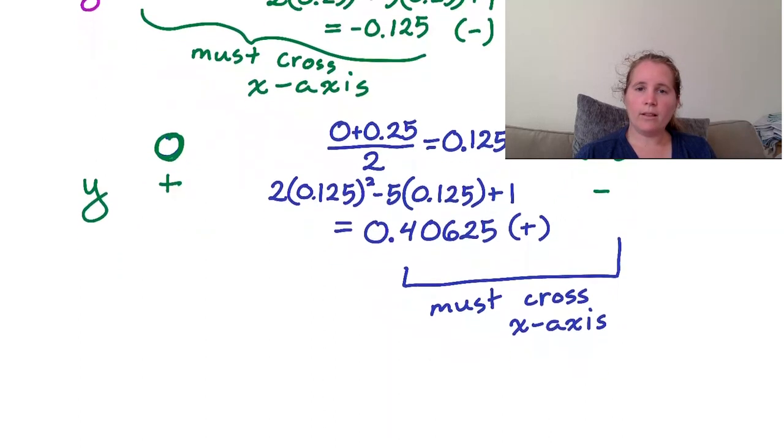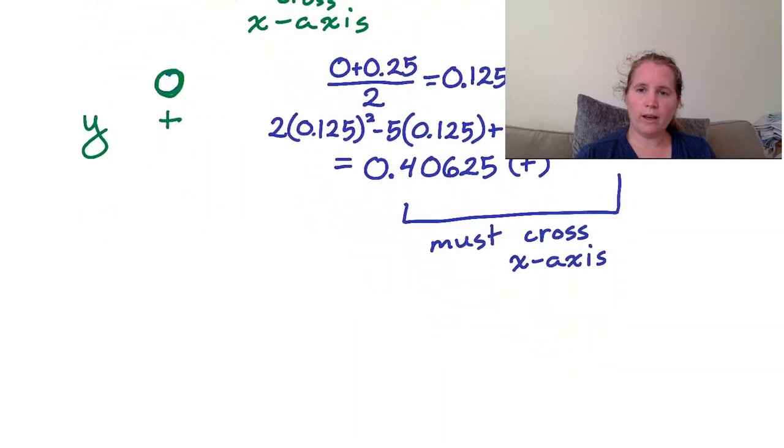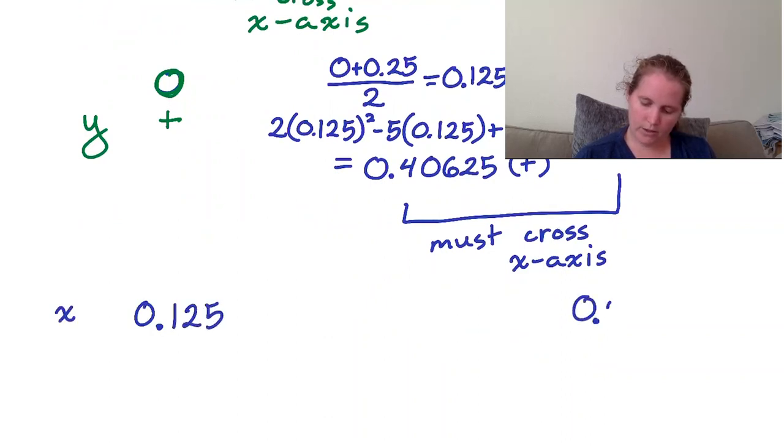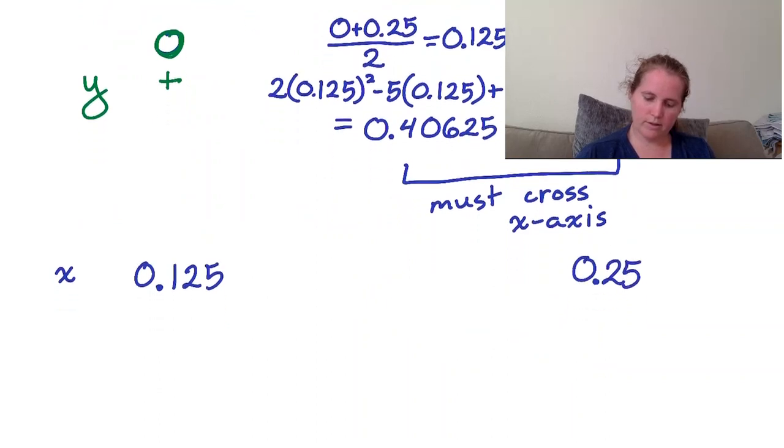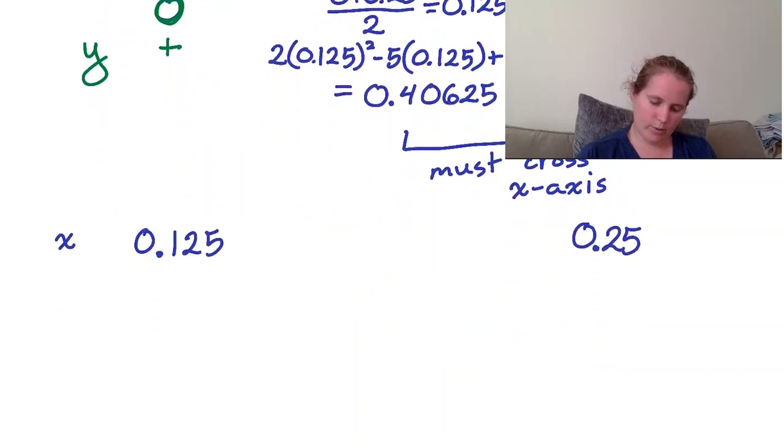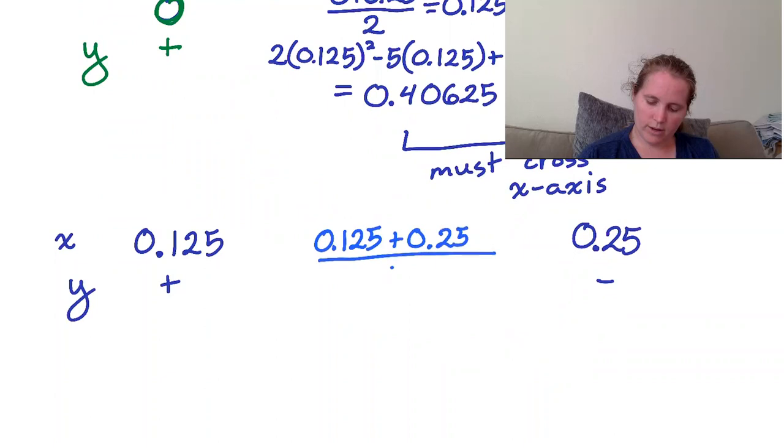So now on the left, we will do 0.125. And on the right, we will do our 0.25. So this time around, we're positive and then negative. And if we go by the middle here, we would do 0.125 plus 0.25 and divide by 2.